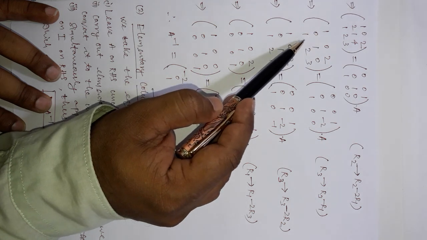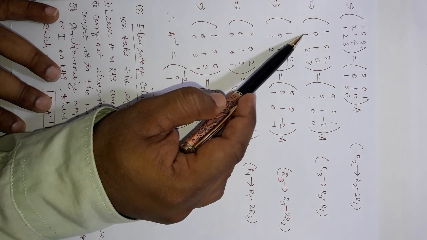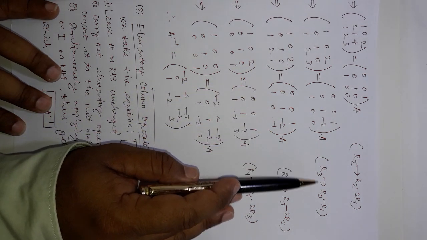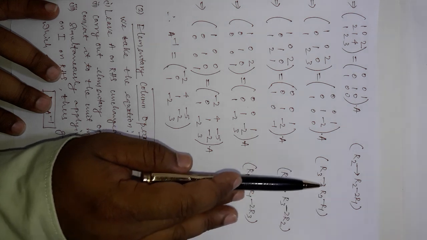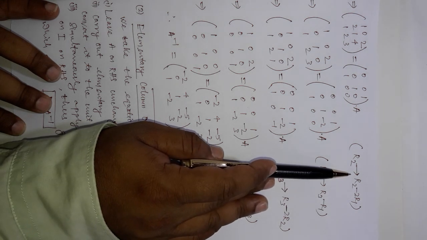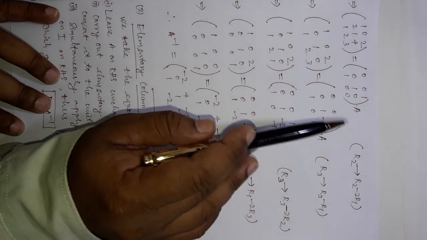If I subtract row 1 from row 3, then 1 minus 1 will become 0. So, let us change row 3 with row 3 minus row 1. These two operations you can do at one place also here, if they are not hampering each other. You can do these two steps in one place also, two calculations in one step.